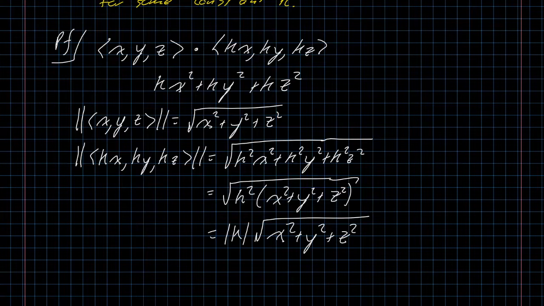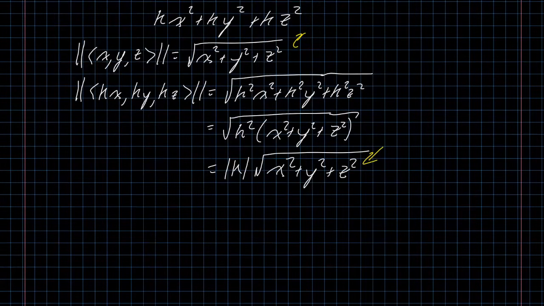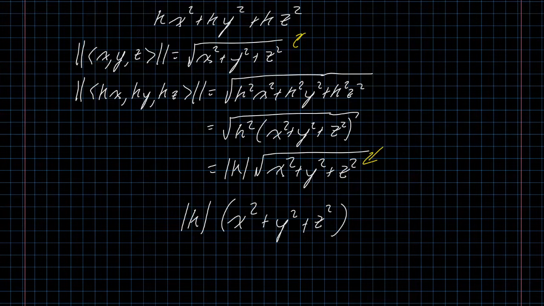So when I multiply these two things together, I get the absolute value of k times root x squared plus y squared plus z squared times root x squared plus y squared plus z squared, which is just x squared plus y squared plus z squared. And that absolute value means there's a plus or minus. Otherwise, I can just distribute and get what I got with the dot product. kx squared plus ky squared plus kz squared.